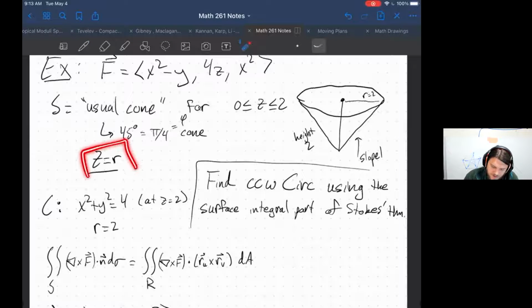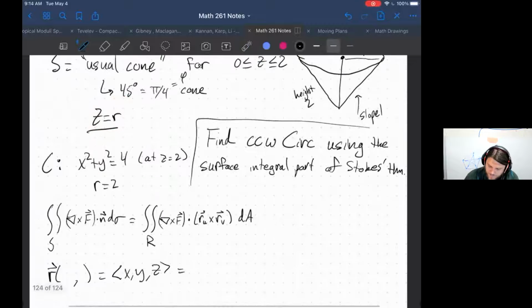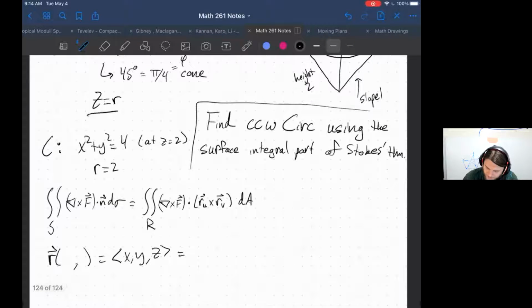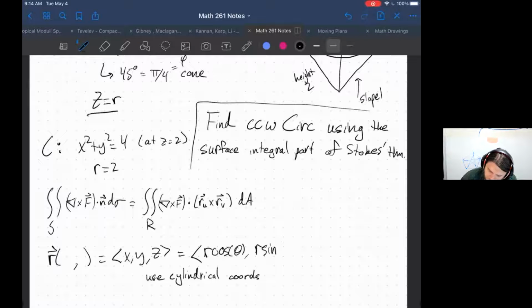But we have this substitution for r already, or sorry, for z. So if we're using cylindrical coordinates, then x is equal to r cosine theta, y is equal to r sine theta, and z in this case is equal to r.